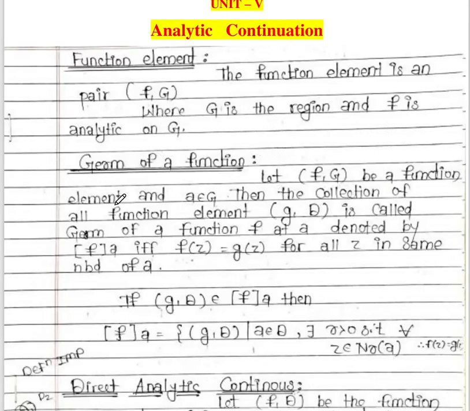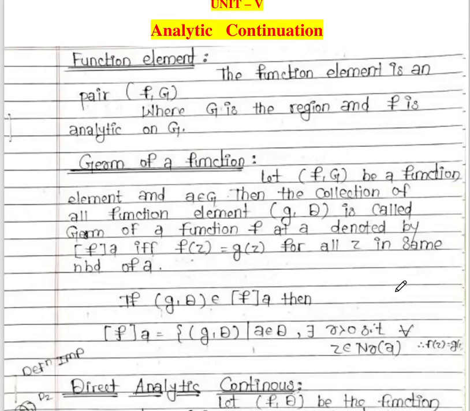The second definition is a germ of a function. Let the pair f, g be a function element, and a belongs to g. Then the collection of all function elements g, d is called the germ of the function f at the point a, and it is denoted by f suffix a, if and only if f of z equals g of z for all z in some neighborhood of a.